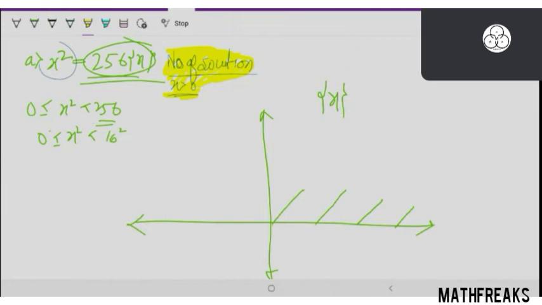Earlier the upper limit was 1. Now, when multiplied by 256, the upper limit will be 256.